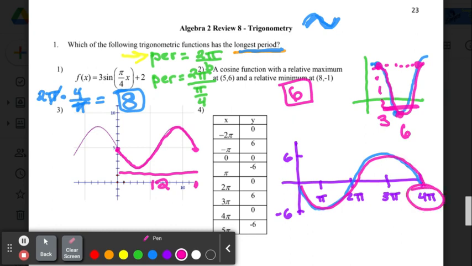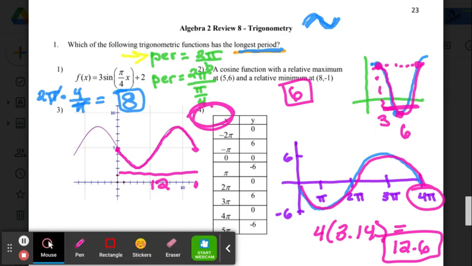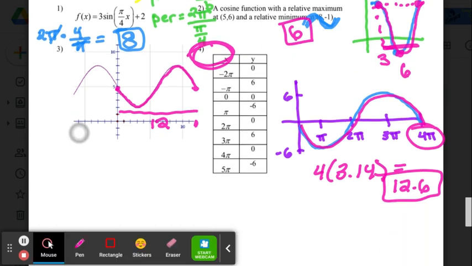Well, it's hard to compare regular numbers to something in terms of pi. So I'm going to do 4 times about 3.14, because that's pi, and you get 12.6. This is the longest period. That is a very typical Regents question, just for frame of reference.